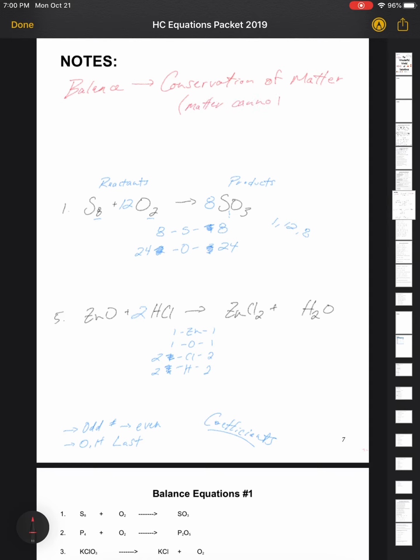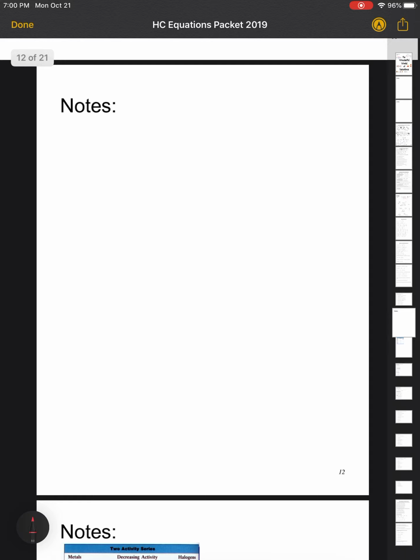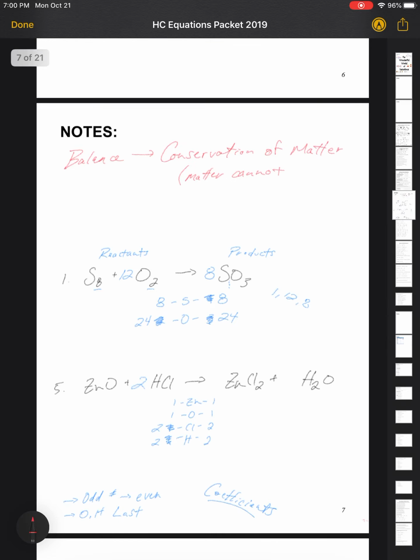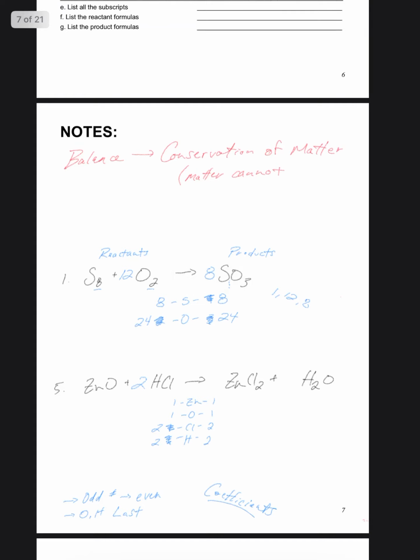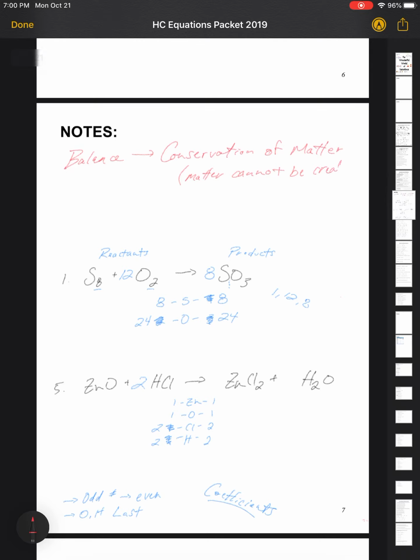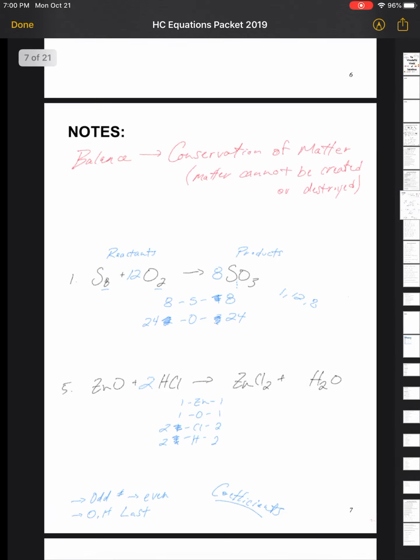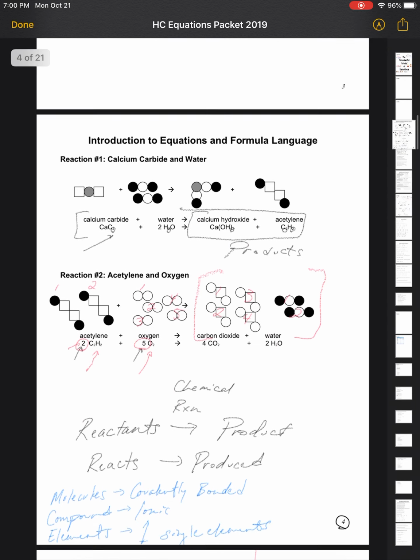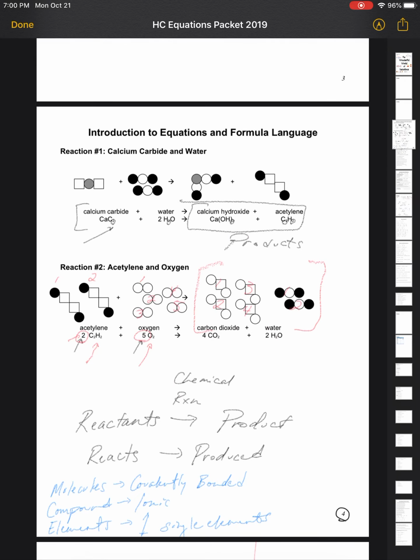And when we balance these equations, when we put these coefficients in, it allows us to see what's going on at the molecular level, like we did here, where we're seeing how many of these molecules, how many of these compounds are needed to react with each other.